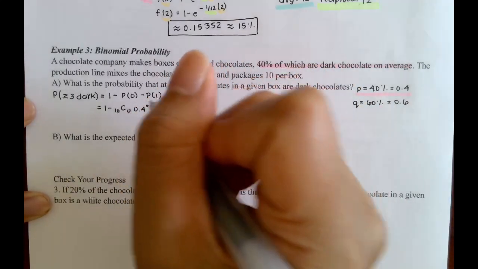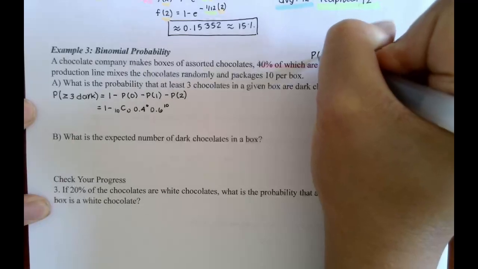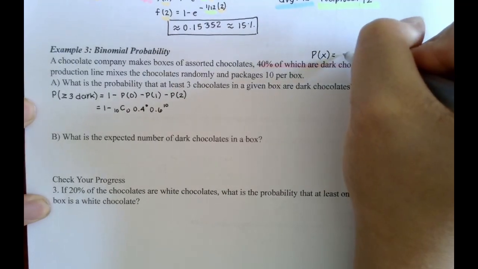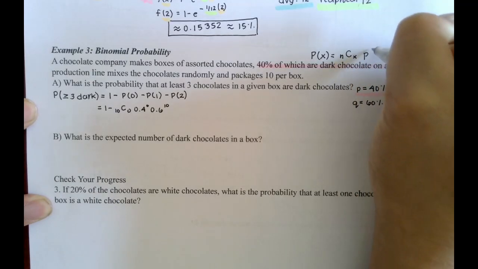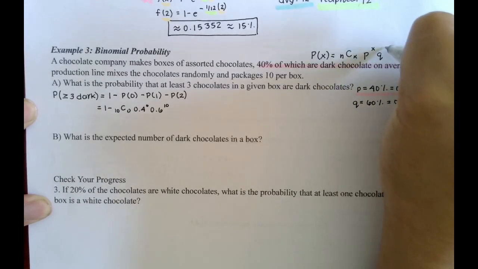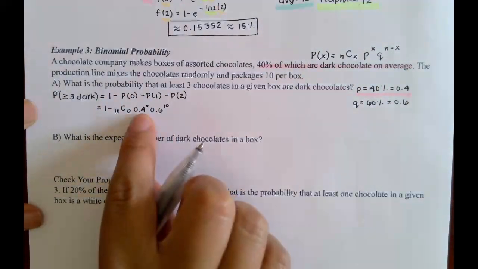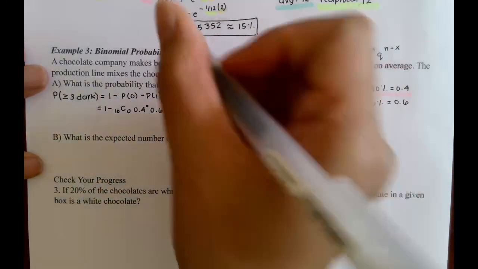Because remember, capital P of x equals nCx times p to the x and q to the n minus x. That's why it's 10 minus 0. So that's the probability of getting 0.